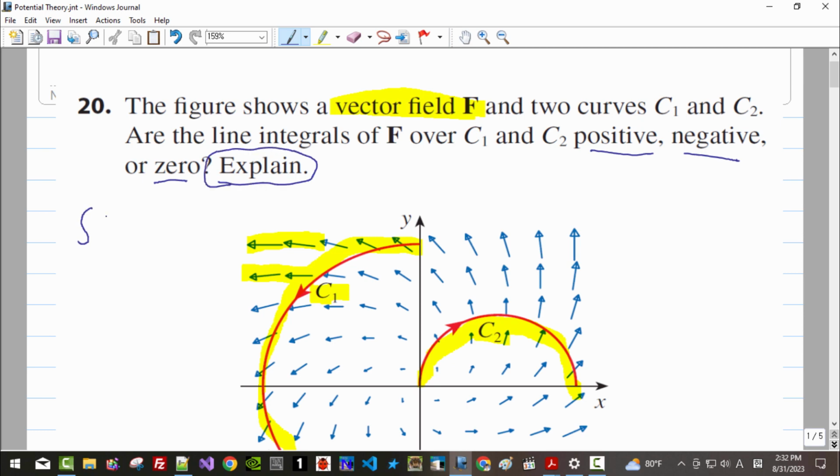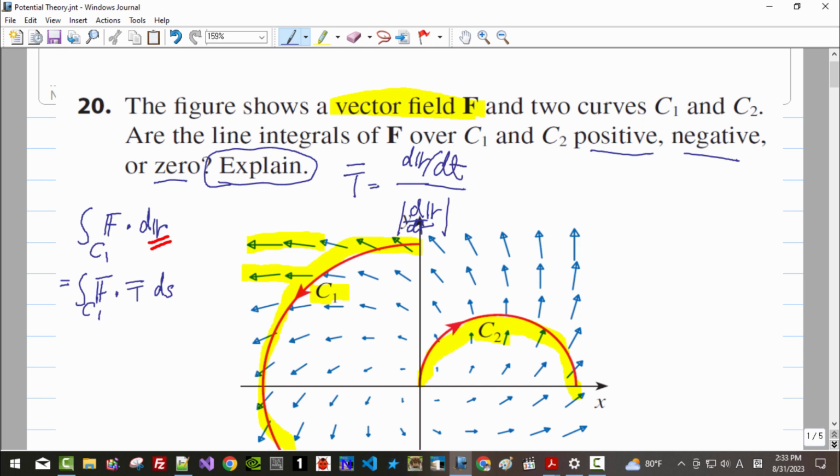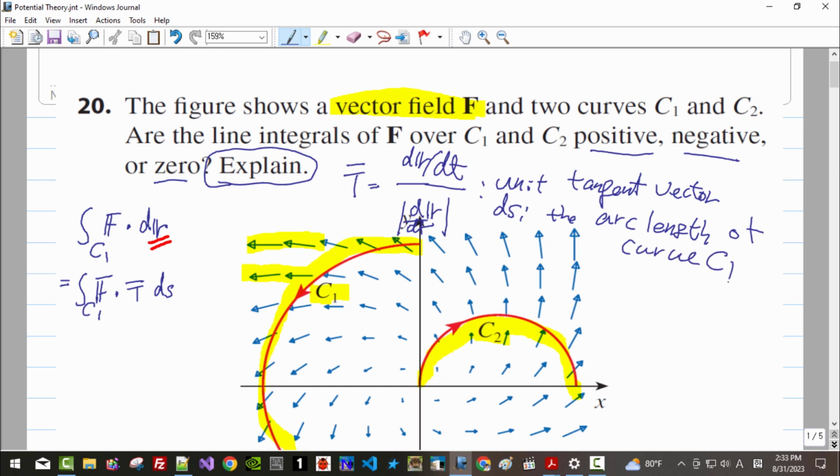The line integral of vector field F dot dr, where r is defined over curve C1, can be written as F dot T ds over C1, where T is dr over dt, the unit tangent vector, and ds is the arc length of curve C1.